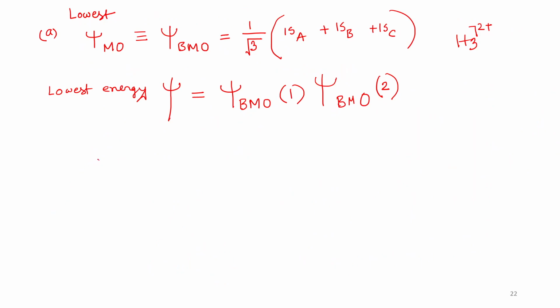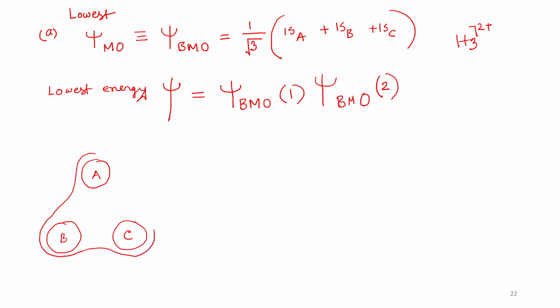So this is your A, this is your B, this is your C, and all of them are like this. This is the contour diagram.